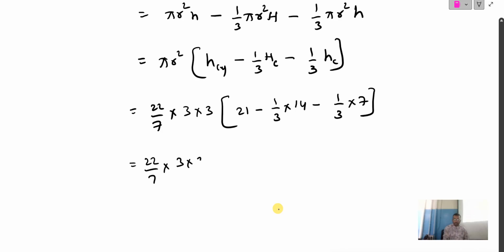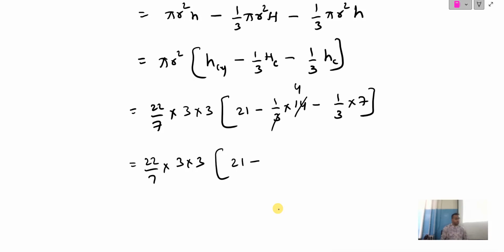Nothing is cancelable. 22 by 7 is 3.14, into 3 into 3, 9. Now 21 minus 4.6 minus 2.3. First you do minus 4.6, then minus 2.3, you get 14.1. Simplify the final answer: 3.14 into 9 into 14.1.